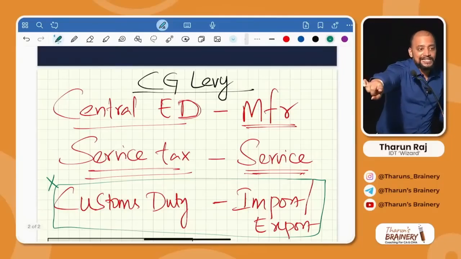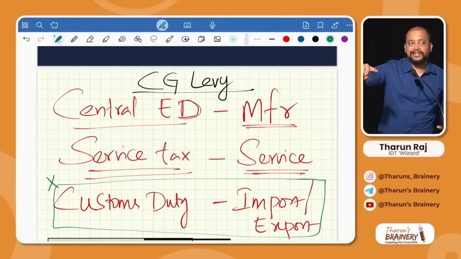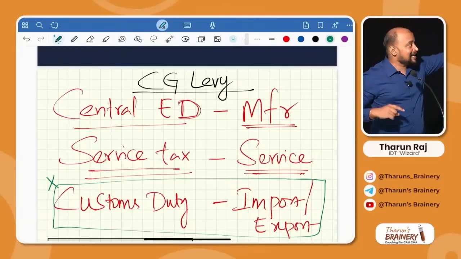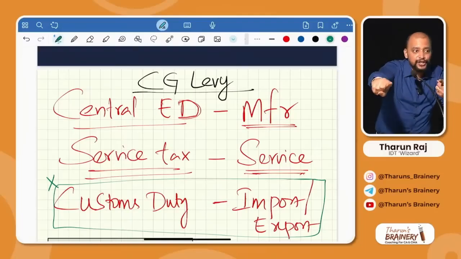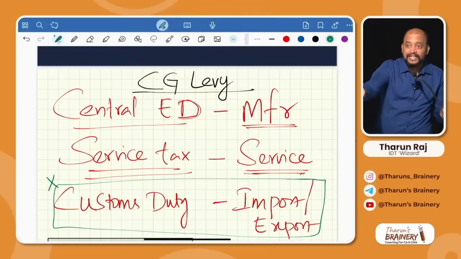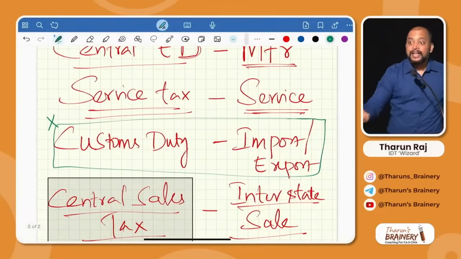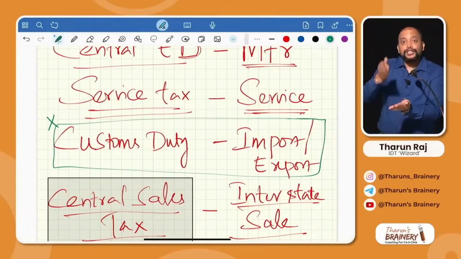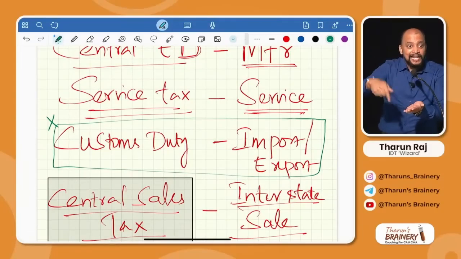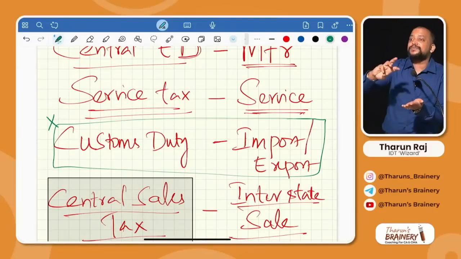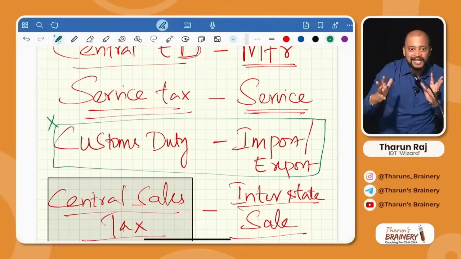As you are locally purchasing, someone should manufacture it, correct? They will collect excise duty from you, that burden is on you. Then they will be selling the product to you, so they need to pay sales tax, that burden is on you. And to make the smartphone, they need to import the raw material, so the customs duty on that raw material is also on you. Are you understanding this?